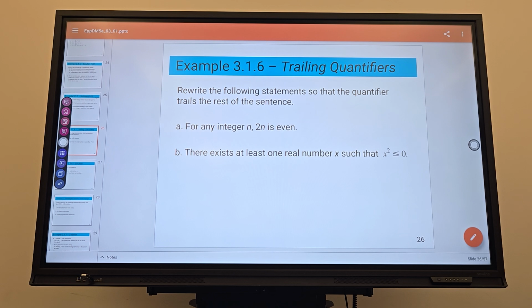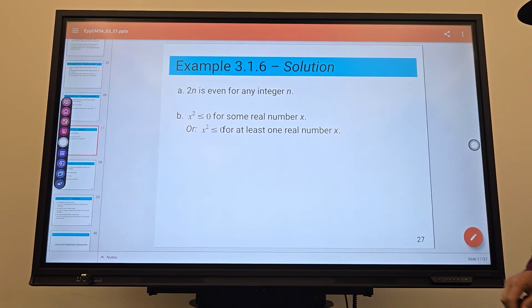For x squared to be less than or equal to 0, there exists at least one real number x. X squared is less than or equal to 0 for some real number x. 2n is even for any integer n.